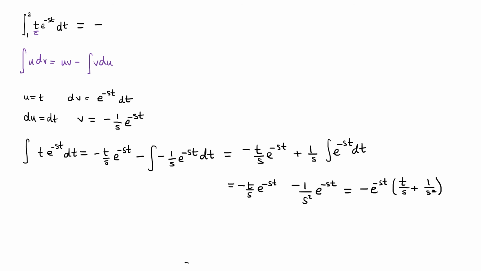So that's going to be negative e to the negative 2s times 2 over s plus 1 over s squared. So this is the antiderivative at the upper bound minus the antiderivative at the lower bound. So that's going to be minus minus or plus e to the negative 1s times 1 over s plus 1 over s squared. Okay.